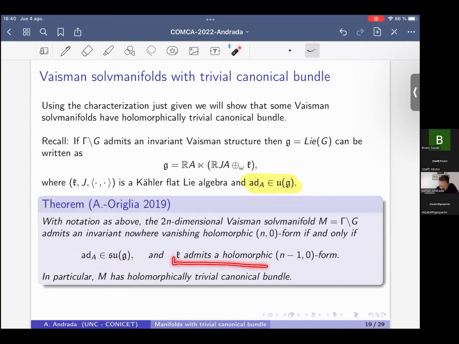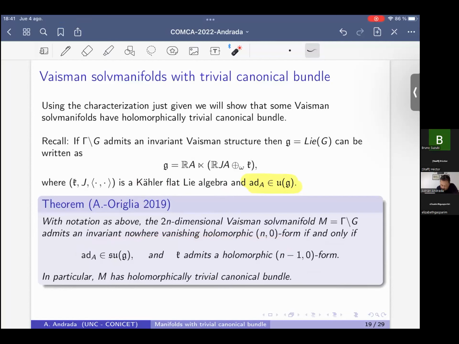And also k admits a holomorphic (n-1,0)-form. So this could be understood as a Calabi-Yau Lie algebra, a Lie algebra endowed with the Calabi-Yau structure. And we have this invariant.